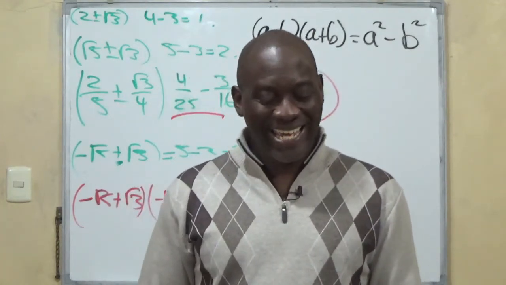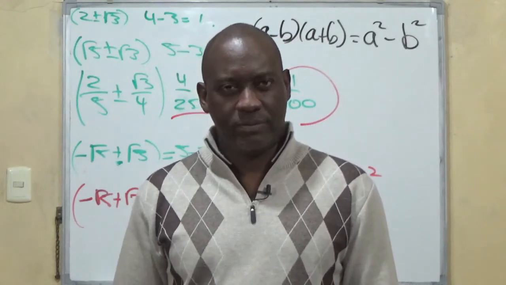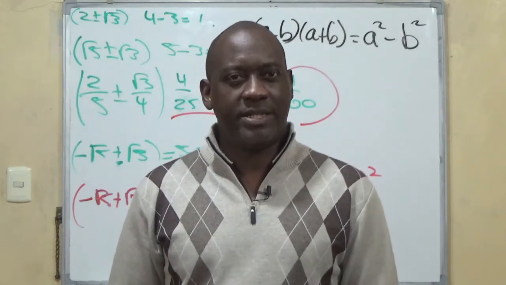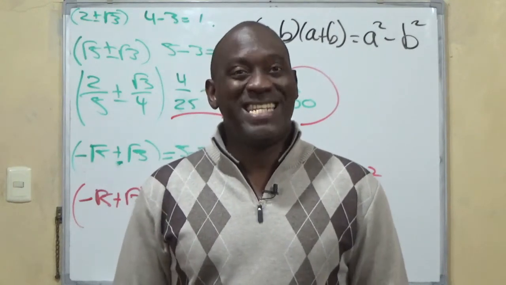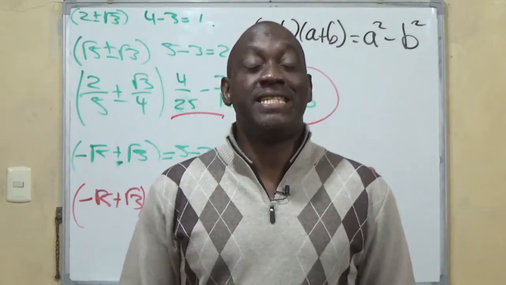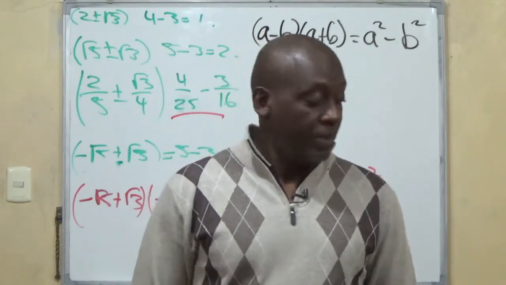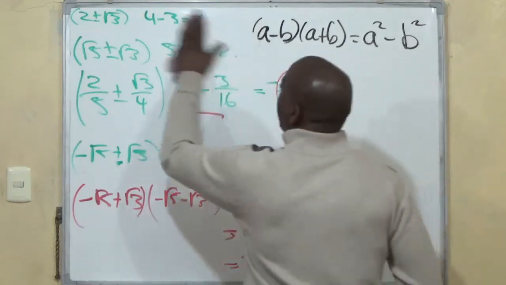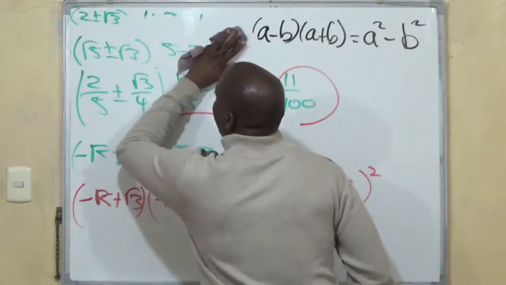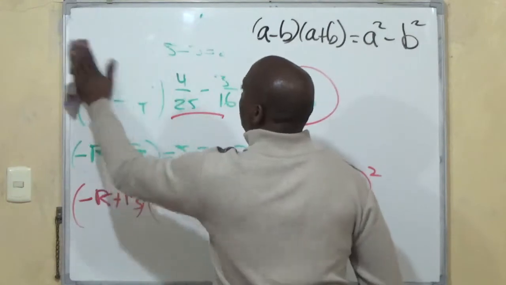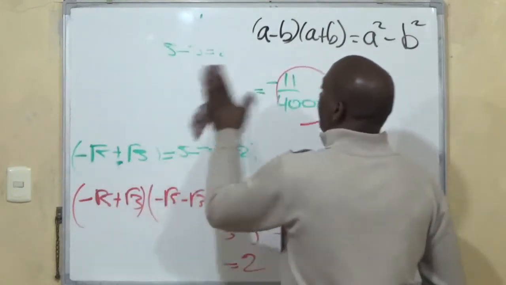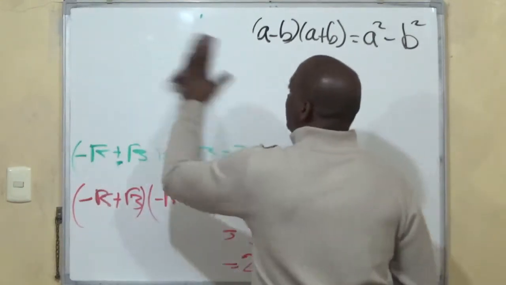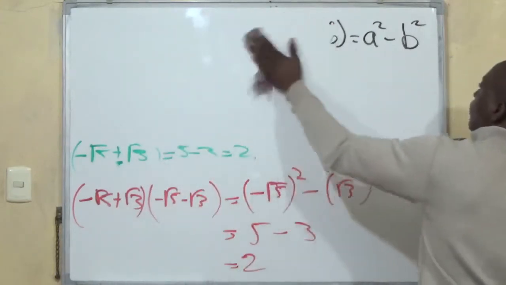So we're going to consider some typical examples of the kinds of surds you could get where you will need to rationalize a denominator. Right? So we looked earlier on at the case where we had a simple surd in the denominator, but the numerator was also a simple surd or a mixed surd.